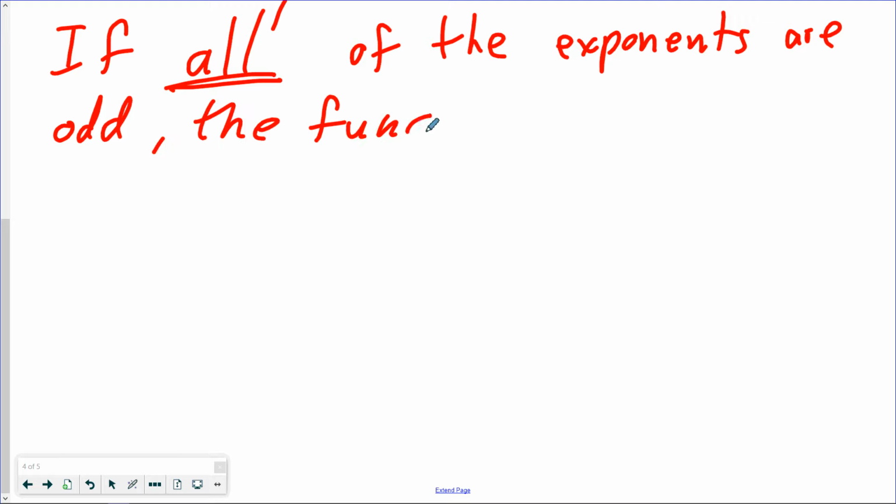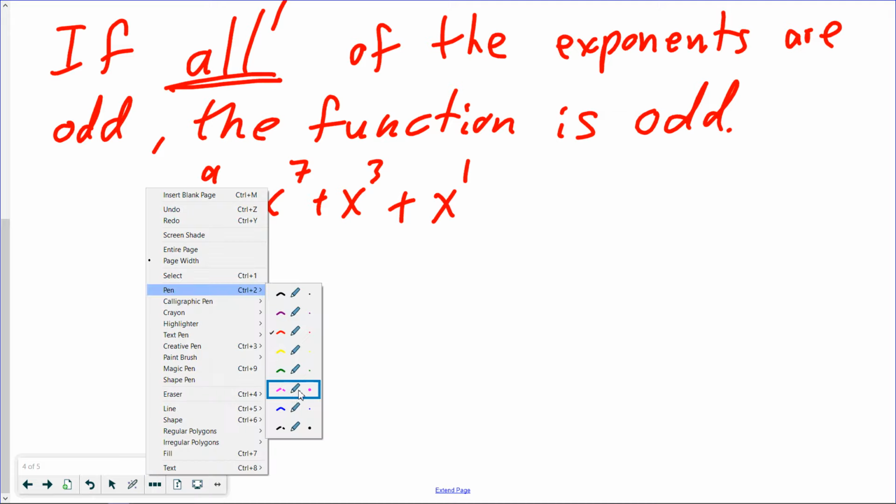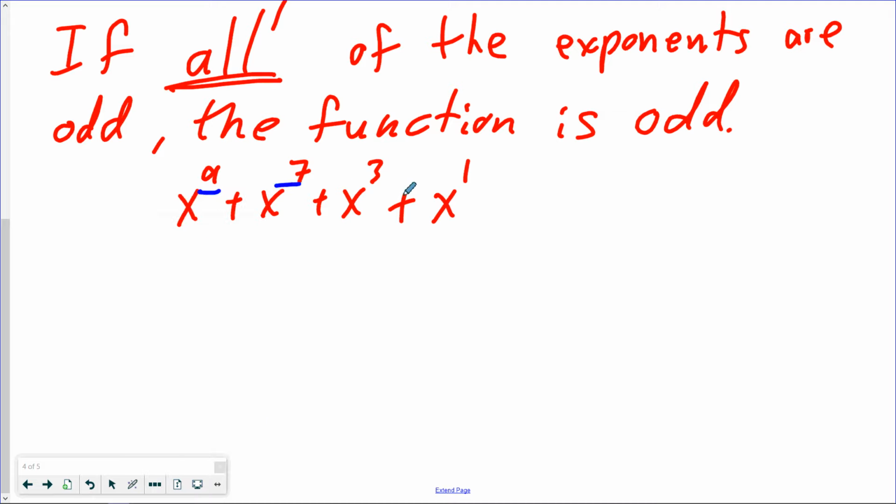Okay. So if I have x to the 9th plus x to the 7th plus x to the 3rd plus x to the power of 1, because our exponents, so the 9, the 7, the 3, and the 1, are all odd numbers, this function is odd.